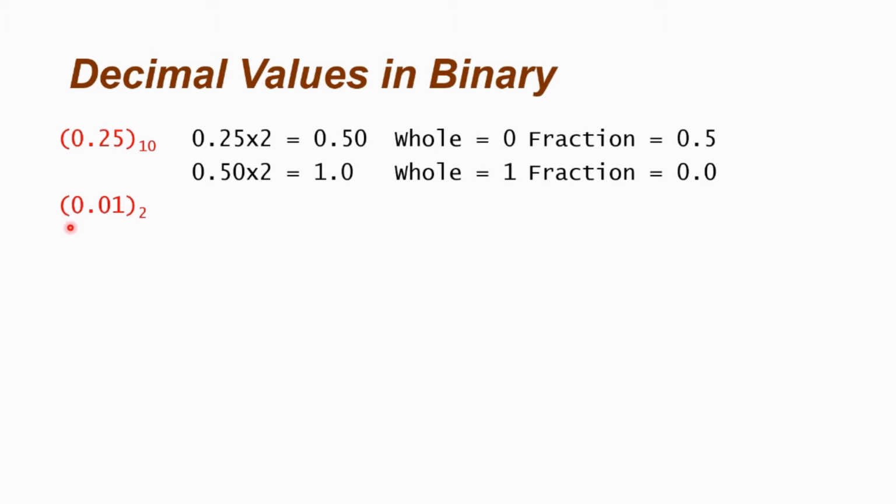So 0.25 in base 10 is 0.01 to base 2. You can see here the place value of the first decimal place after the point is half, which is 1 by 2, and the next value is 1 by 4, which is equal to 0.25.